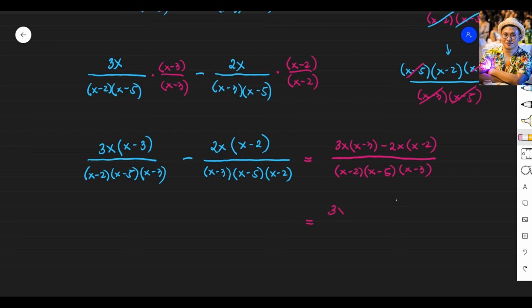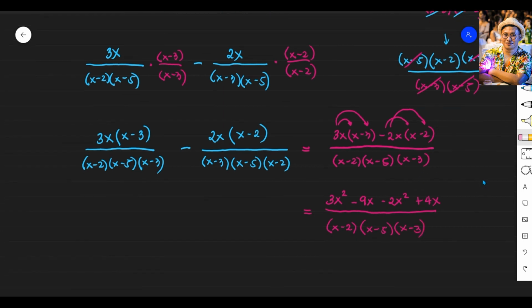We have 3x squared. 3x times negative 3, that's negative 9x. Negative 2x times x, that's negative 2x squared. Negative 2x times negative 2, that's positive 4x. Over the denominator nga x minus 2 times x minus 5 times x minus 3.